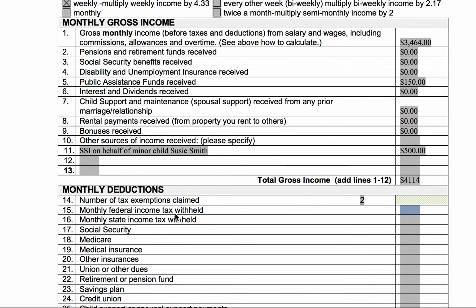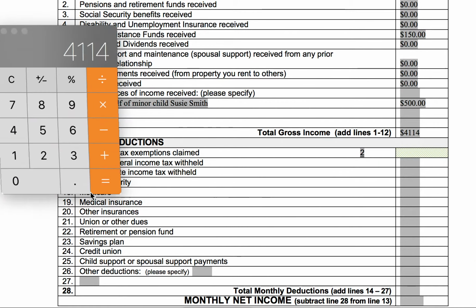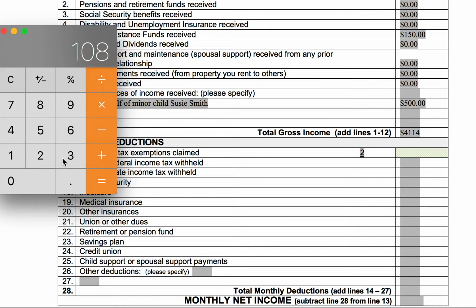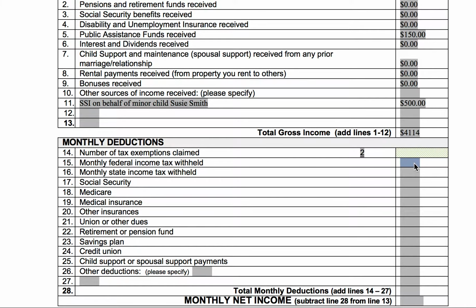All right, so it's going to be 108.10, and we'll pull out the calculator again, times 4.33. And we get 468.07, and you can round if you want. I just cut off at the number, but you could round if you'd prefer.